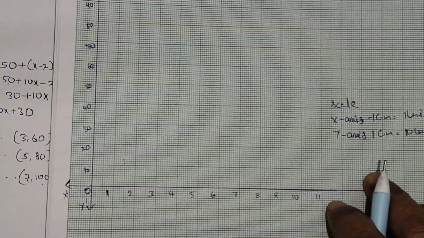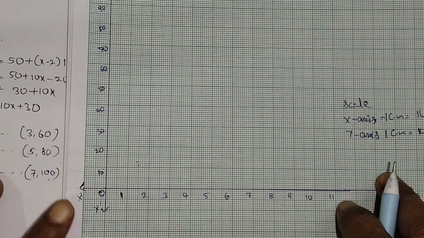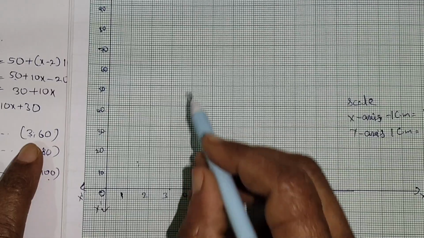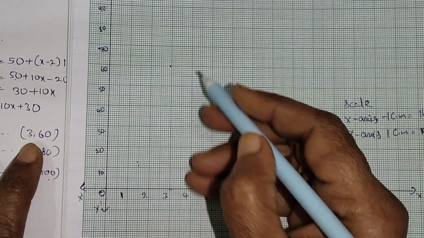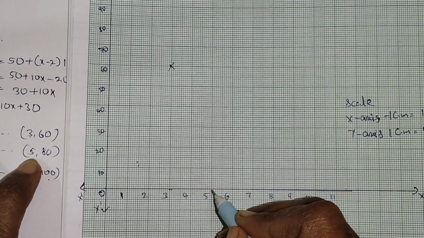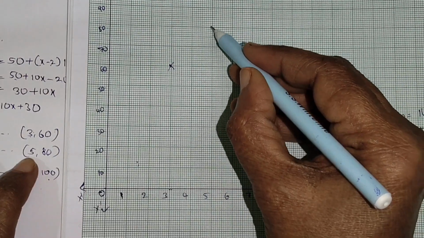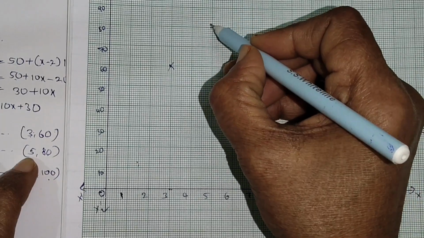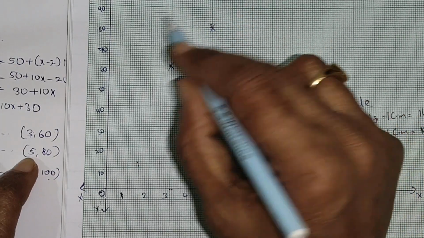So now we mark the points. First point is 3 comma 60: on the x axis 3 and on the y axis 60. So this is the point. Next 5 comma 80: on the x axis 5 and on the y axis 80.